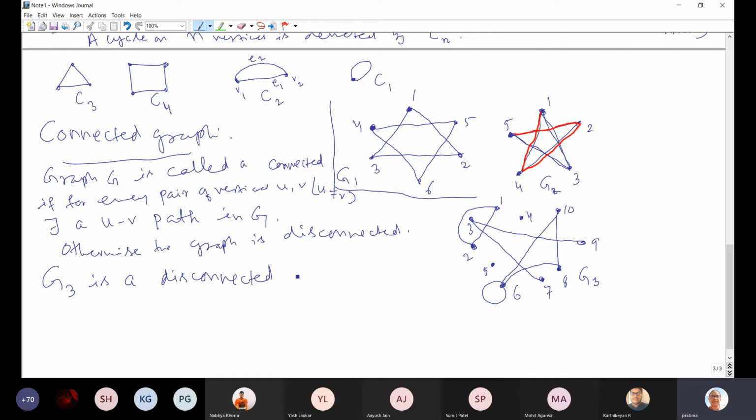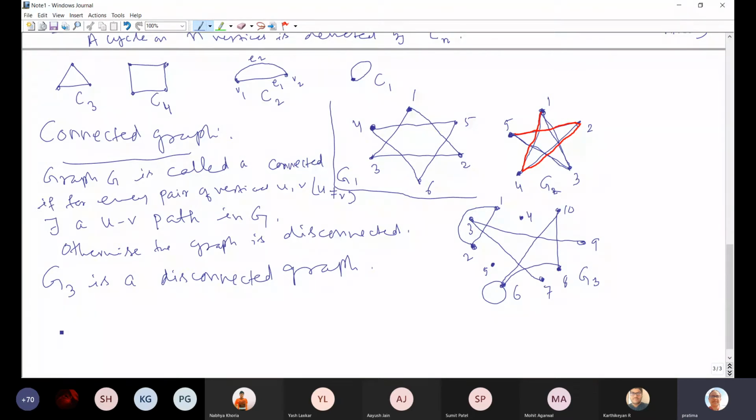In this G3 we are having some components. If the graph is disconnected, then we will have some components. So we will define a component. What is a component in a disconnected graph?